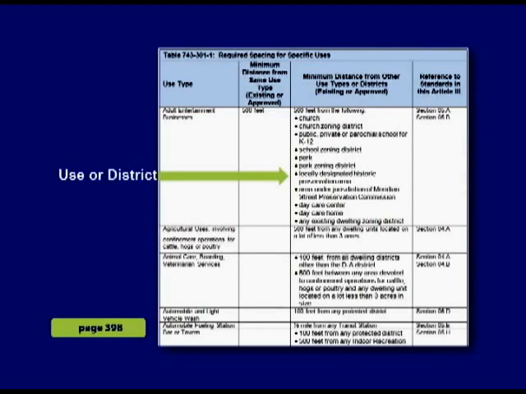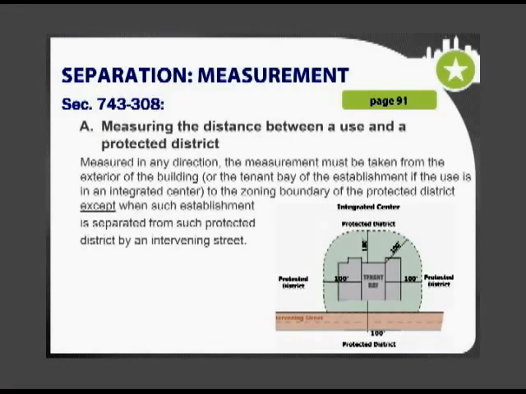Now, the next question is, how do you measure that doggone thing? And of course, I know you all know this, but you would turn to the measurements and calculations sections in the general provisions chapter of the ordinance. There are 2 subsections to that section.